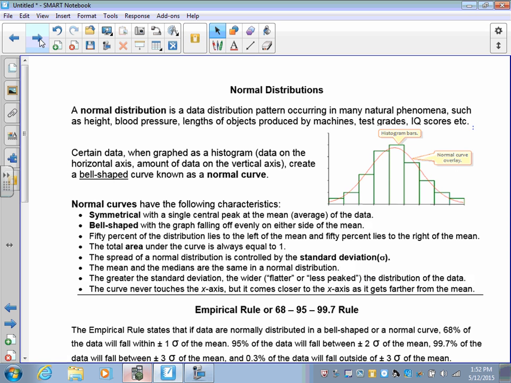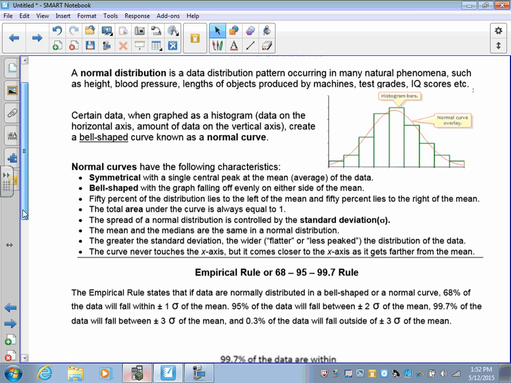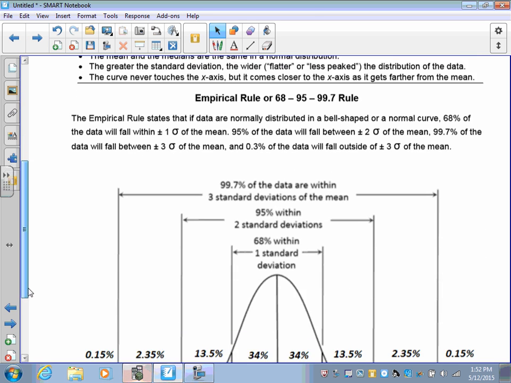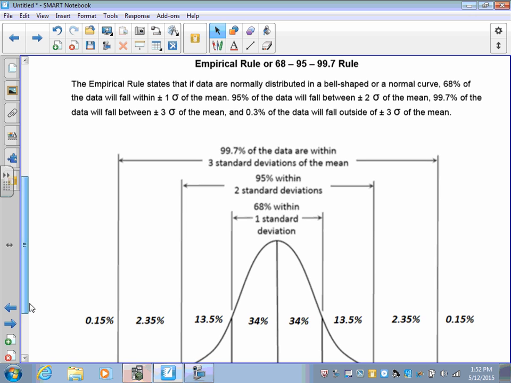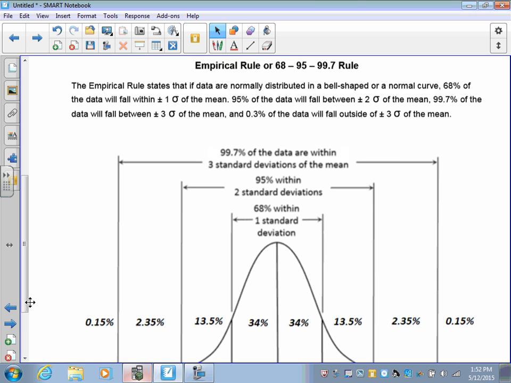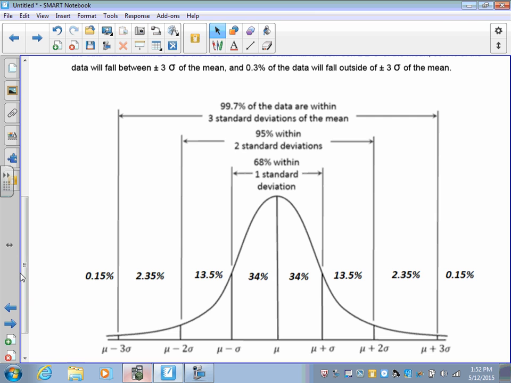Again, take a moment to read this paragraph. So pause the video, read this. After you finish reading this paragraph, the main thing that I want you to know from this page is you need to know the empirical rule. So you need to memorize this chart. You need to know that the empirical rule says from the median, we have a +1 standard deviation, +2 standard deviation, +3 standard deviation to the right.